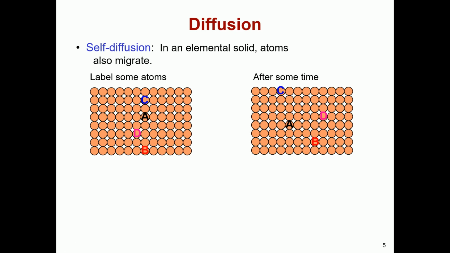Although a solid appears stationary and maintains its shape, atoms are continuously moving internally. At very low temperature, these atomic movements become rare, essentially negligible. But at high temperature, self-diffusion becomes significant.